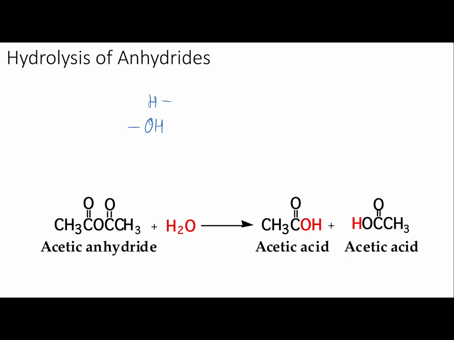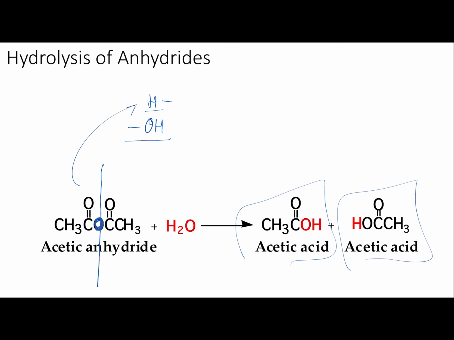Carboxylic anhydrides, particularly the low molecular weight ones, react readily with water, and they hydrolyze to give two carboxylic acids. So again, draw a line in the middle. One side's going to get an OH, one side's going to get an H. Whichever side you decide to leave this O with, obviously gets the H. The other side gets the OH. And so we'll end up with two acids again.